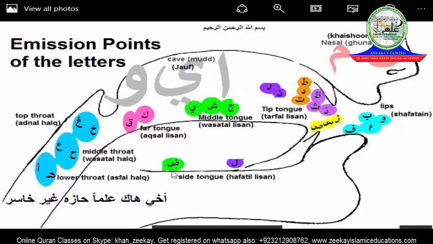The letter Zod is pronounced by the upturned back edge of the tongue when it touches the roots of the molars and premolars.